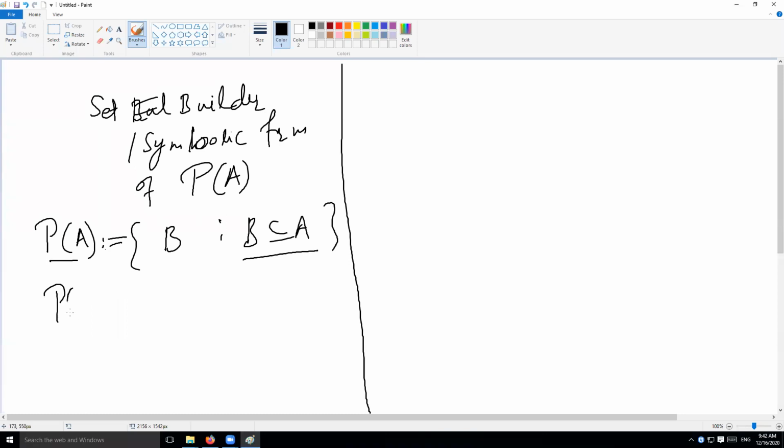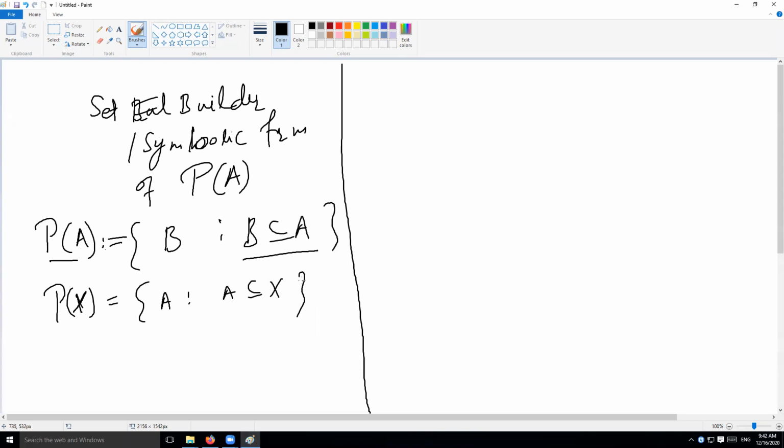Okay. So what would be the set builder form for the power set of X? You're going to say that the power set of X is a collection of the sets, say A, such that A is a subset of X actually. So here A is an abstract element.